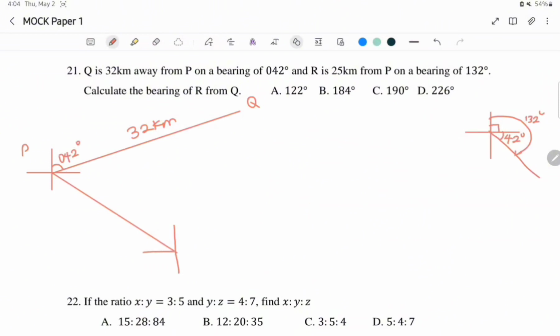Then this is point R. Now, the bearing is going to be from here to here, and that's 132 degrees. This bearing is 132 degrees.